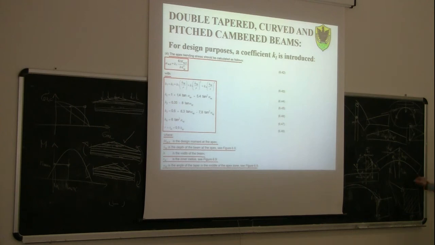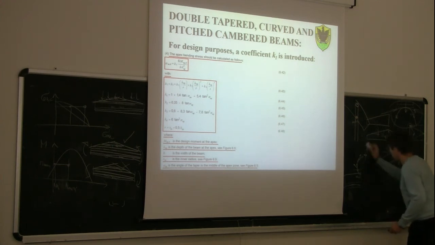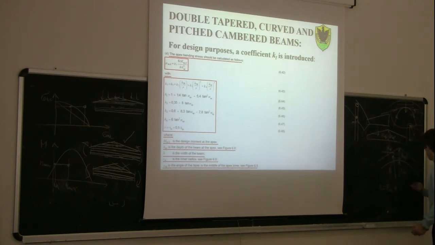So r equals the inner radius plus h ap divided by 2. M ap,d is the design bending moment in the apex. So M ap will be here.